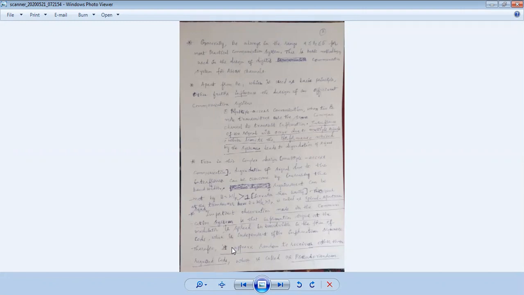what I am going to do is generate one more signal called a pseudo random or pseudo noise signal. A pseudo noise signal will be utilized for increasing the bandwidth of the signal.